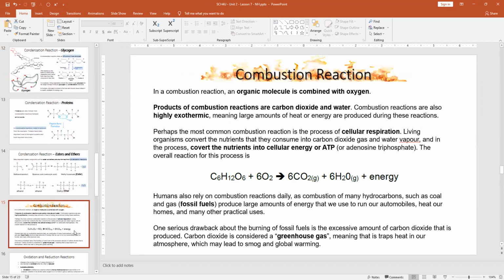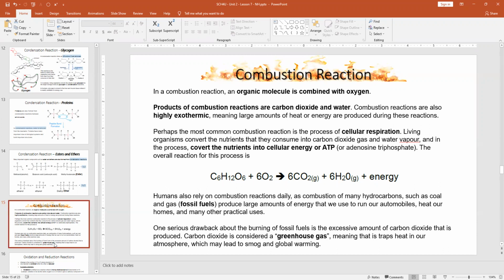We think of combustion reactions as reactions where an organic molecule is combined with oxygen. It's when things are burning. That's what combustion means. The products of combustion reactions are carbon dioxide and water.